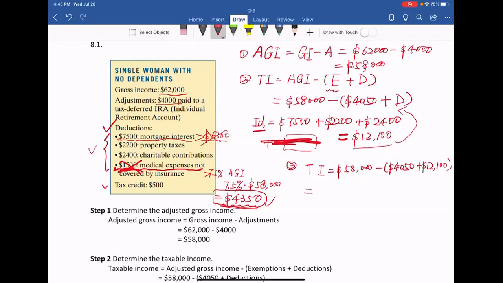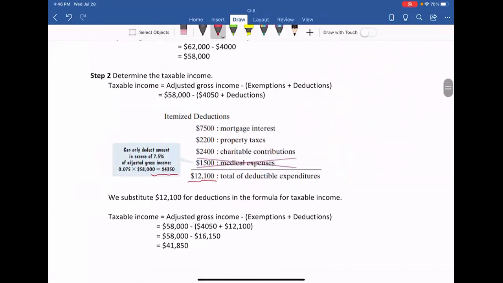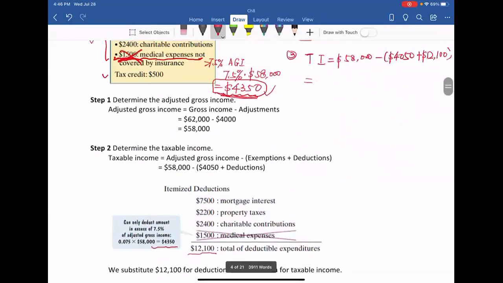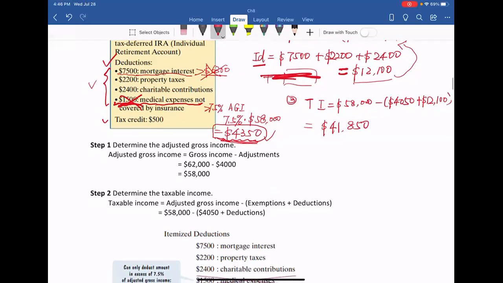Use the calculator to find it. So we got 41,850. This amount is the taxable income.